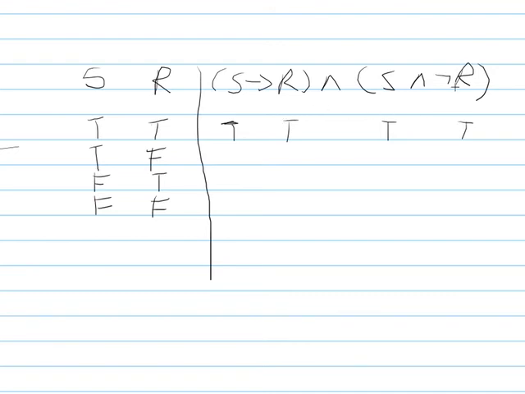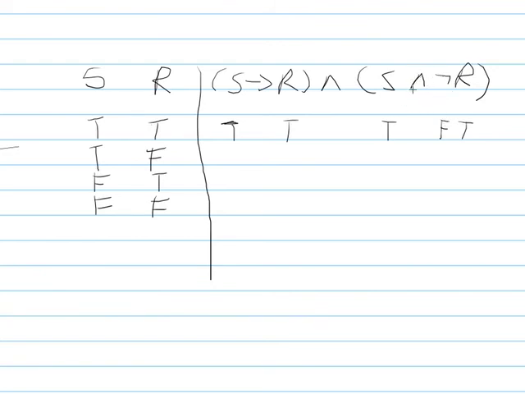Then we use our knowledge of how the connectives work to percolate this up until eventually we can fill in the column for the main connective. So the first thing we can do is note how negation flips the truth value of its negated sentence. Because in this case R is true, not R will be false.